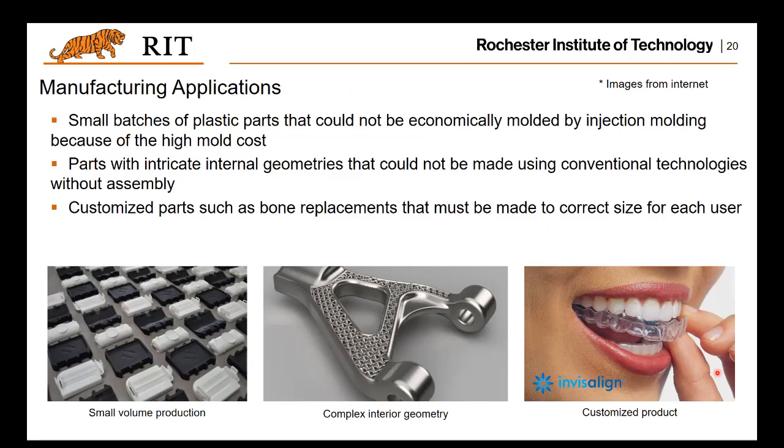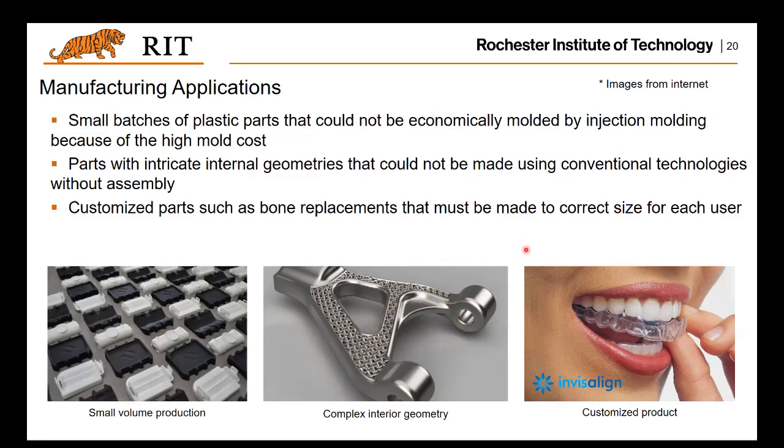And in such cases, 3D printing or additive manufacturing is the right choice for you. Also, parts with really complex geometry like the one shown here, especially internal geometry, are not available with the conventional technologies, right? There's no way to produce them using conventional manufacturing processes. The only way you could use is additive manufacturing.